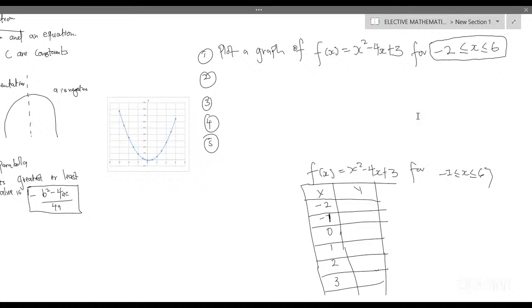So we are going to plot this wonderful graph. Once you are done, raise up your hand. I'll call you, then you mention the coordinates for the y value.